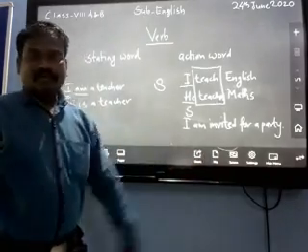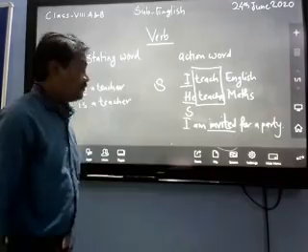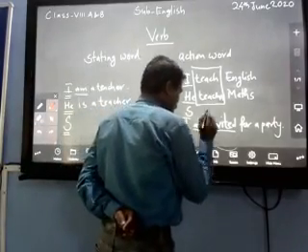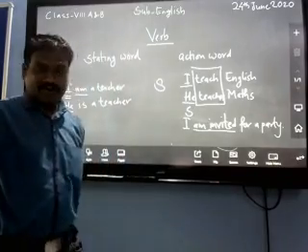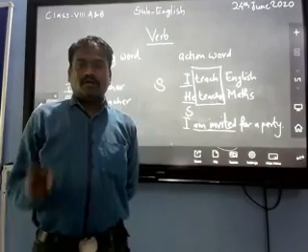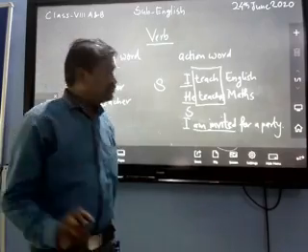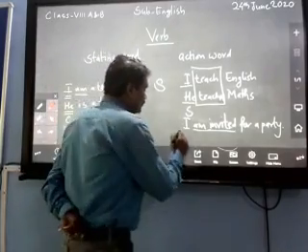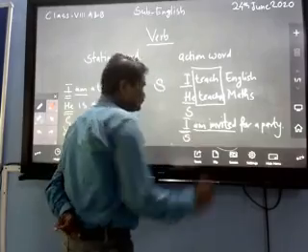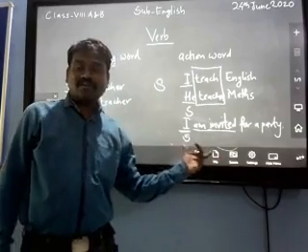Now, which is the verb here? Invited. I am invited. Invited is the action. Now, is this action performed by the subject? What is the subject? I is the subject. Who is the performer of the action in the sentence?